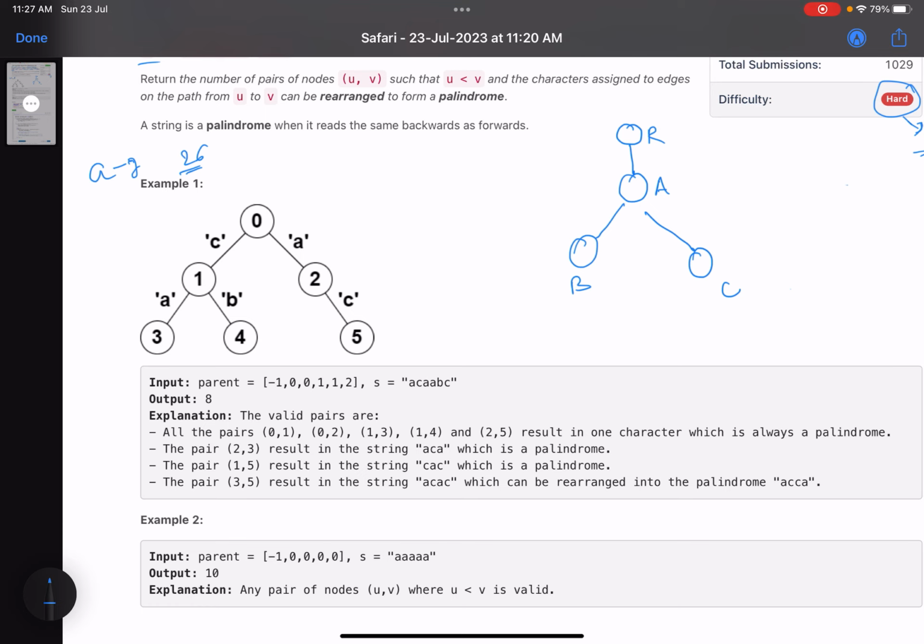Now there could be multiple ways for storing this information as well, but bit masking is an easy way. So we'll go step by step. Consider you have 26 positions, each representing a single character. The first represents A, then B, then C, then D, then E, dot dot dot, till Z. Now, if a particular unit is 1, for example if C is equal to 1, then this will tell me that the frequency of C is odd, or the parity of this particular character is odd.